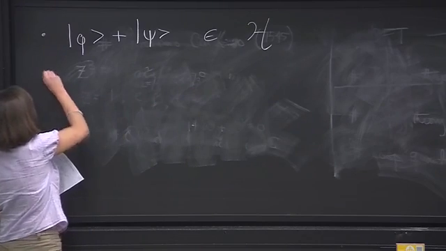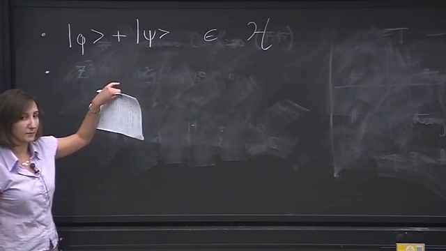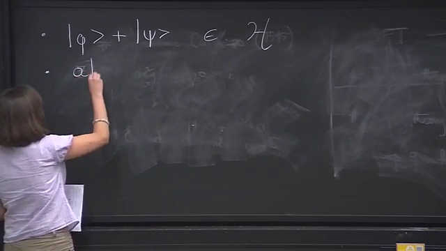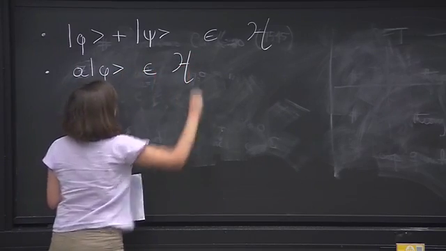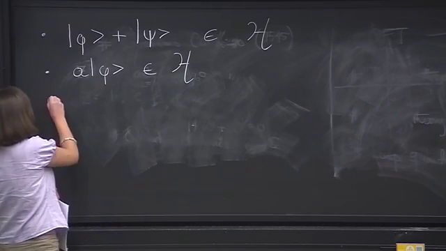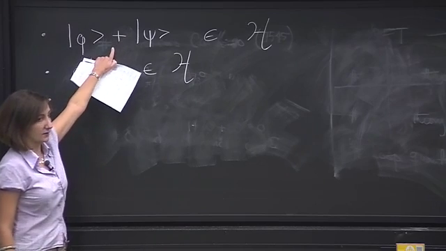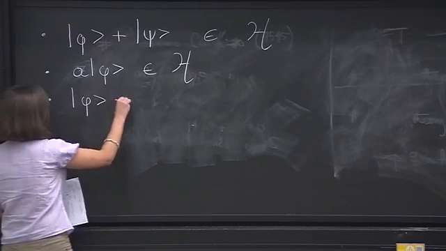Also, any physical state multiplied by a complex number is again part of this vector space. Furthermore, this operation, which we call addition, should be associative.